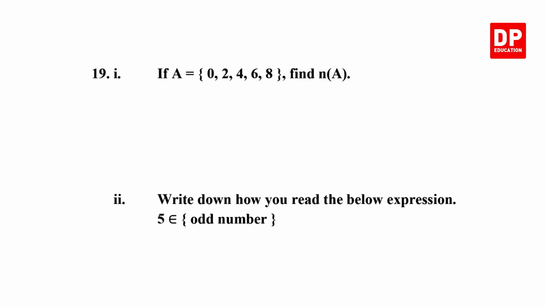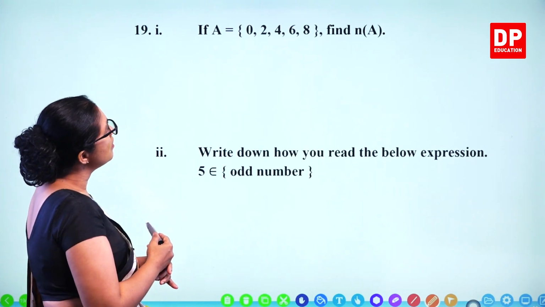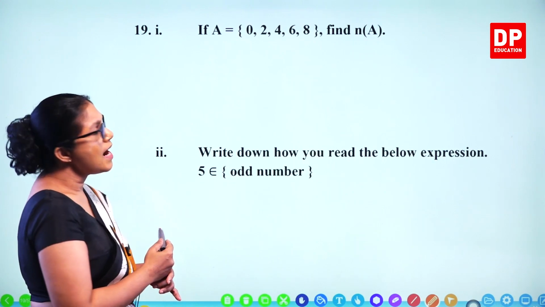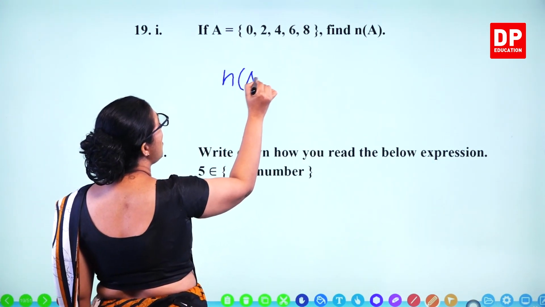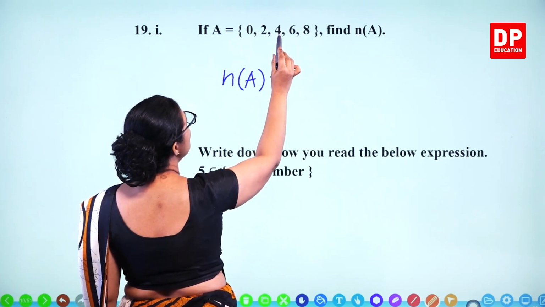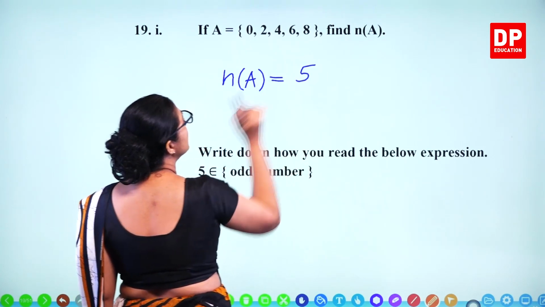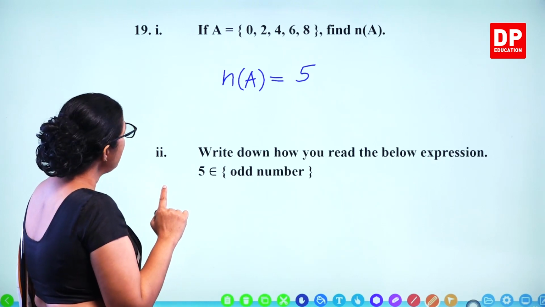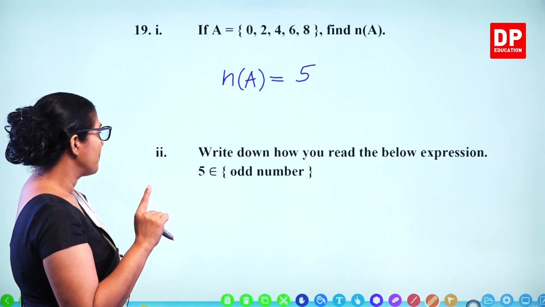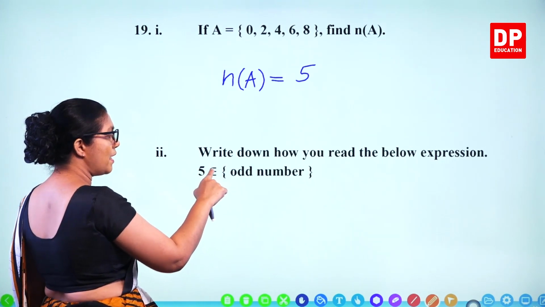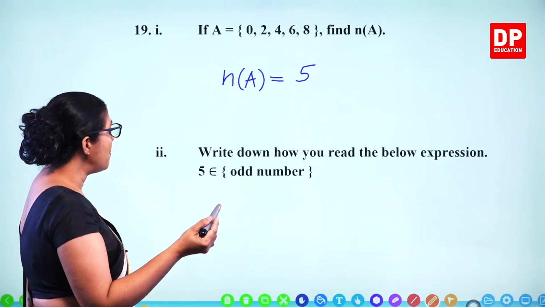Question number 19. If A equals {0, 2, 4, 6, 8}, find the number of elements in A. You just have to count: 1, 2, 3, 4, 5. The next one: write down how you read the below expression. This symbol means belongs to, or an element of.